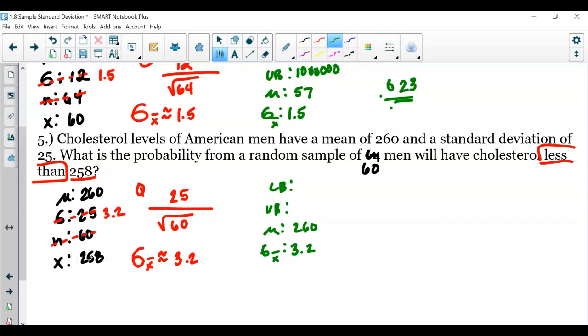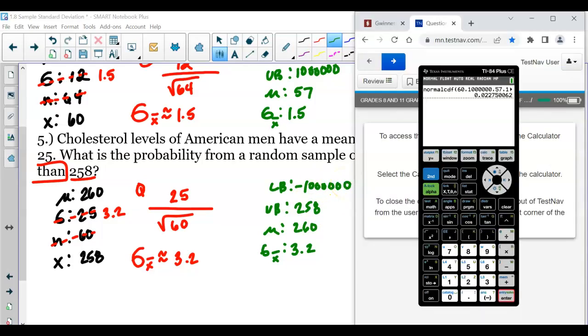So if we want less than 258, that is the highest value, the upper. So the lower is negative 1 million. So now here, again, second VARS, go to CDF, but now negative 1 million. The upper bound, 258, 260, and 3.2.